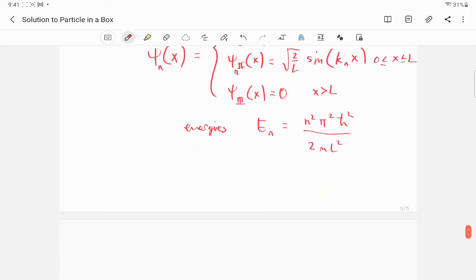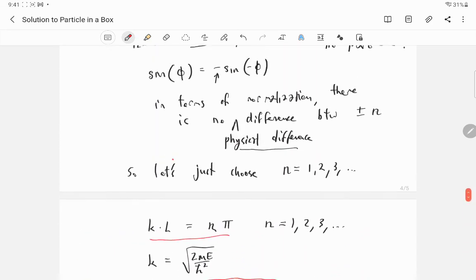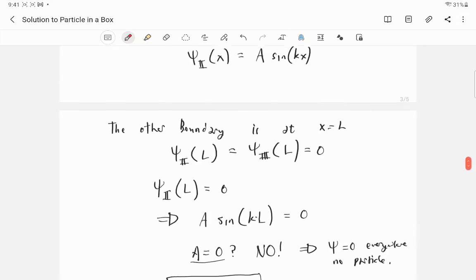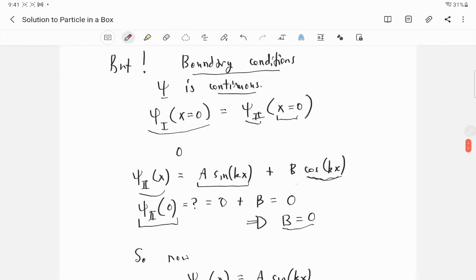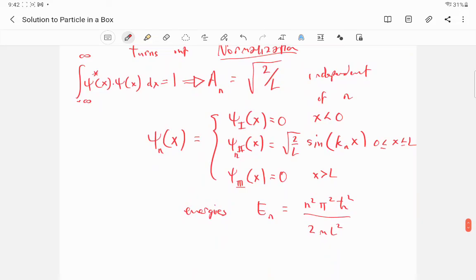Okay, so let me just quickly say we've gotten the wave function. It became piecewise defined because the Schrodinger equation was different in different regions. We used boundary conditions. One of the boundary conditions told us that a possible piece of the wave function was not possible. We could not have a cosine part because it didn't obey the boundary condition. But when we went to the other boundary, we didn't get another coefficient to go to 0.